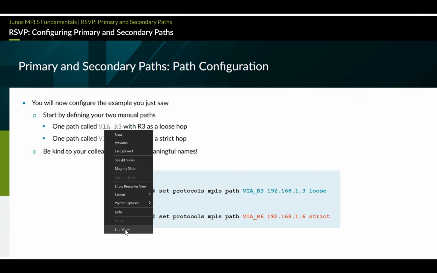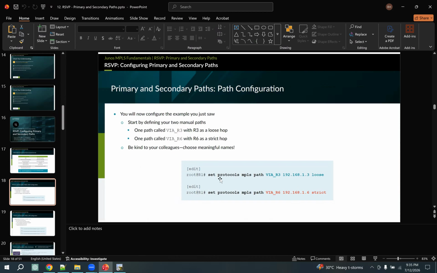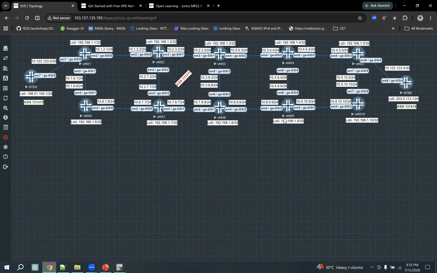Number one, the example: we're configuring the path in router 1. Path 1 is via router 3, and another one is router 6.